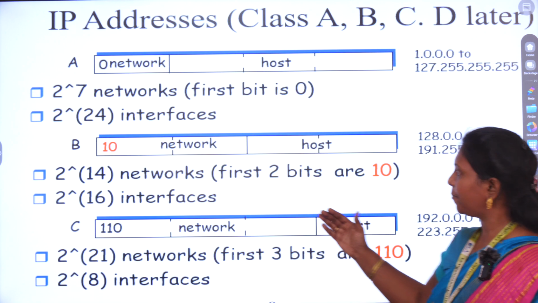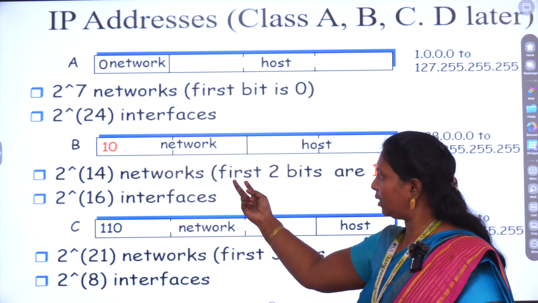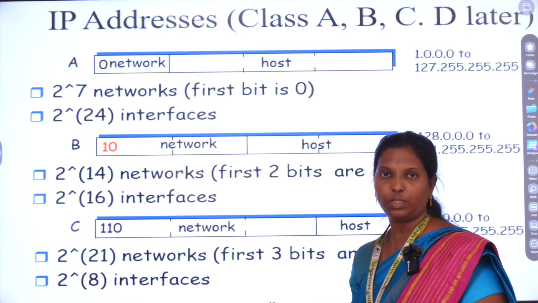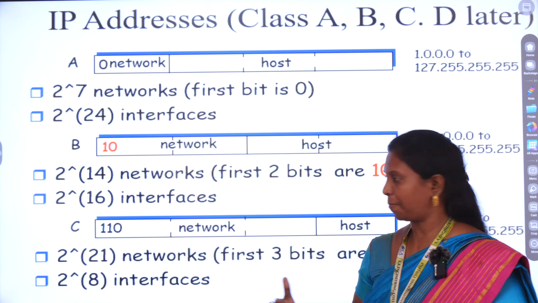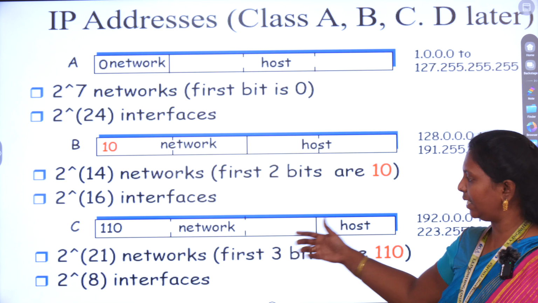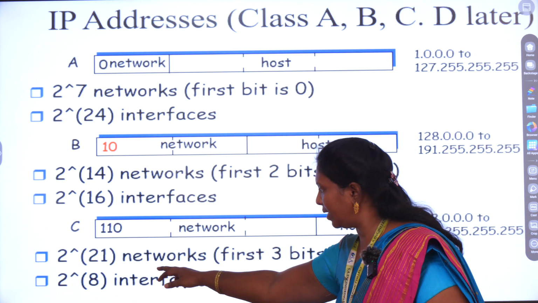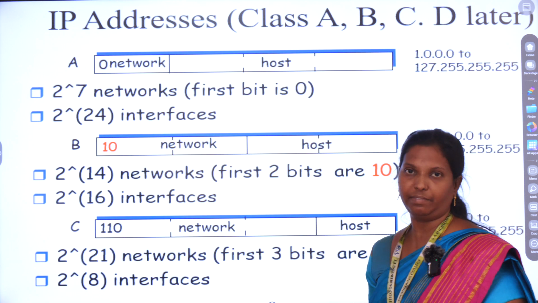And for class B, as we have knowledge of 2 8-bit blocks, the networks it can encompass is 2 to the power 14, and the interface level is 2 to the power 16. Similarly for class C, 3 bytes are the network, so it keeps increasing. So 2 to the power 21 networks we can have, with hosts of 2 to the power 8 interfaces.